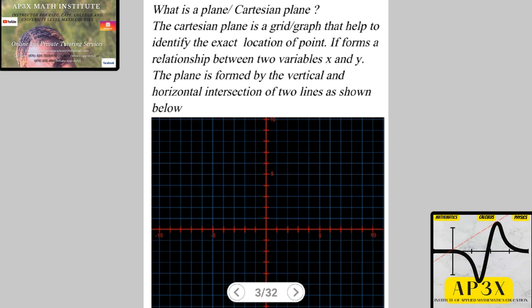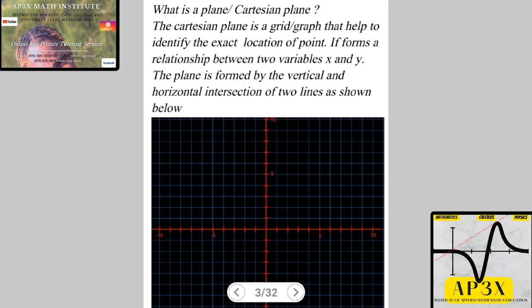All right, now what is the Cartesian plane? The Cartesian plane is a grid or a graph that helps us to identify the exact location of a point. Basically it forms a relationship between 2 specific variables, and these 2 specific variables are an x variable and a y variable.